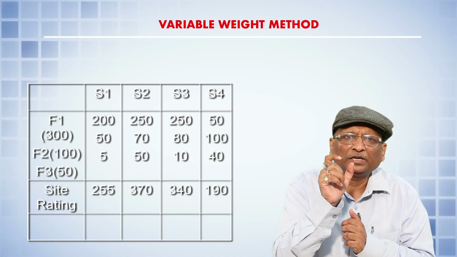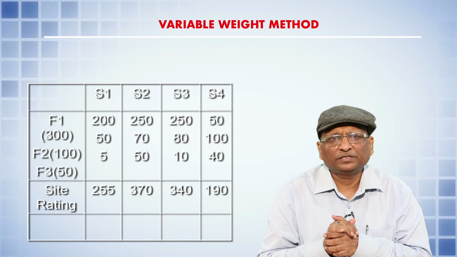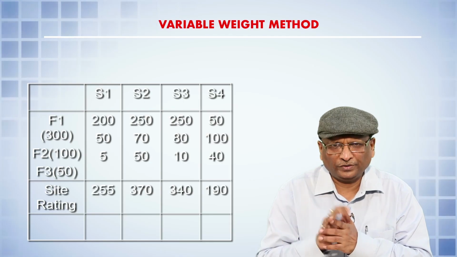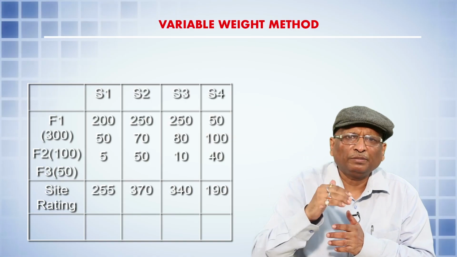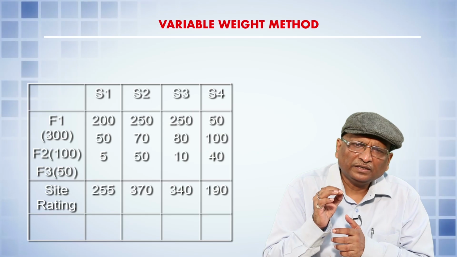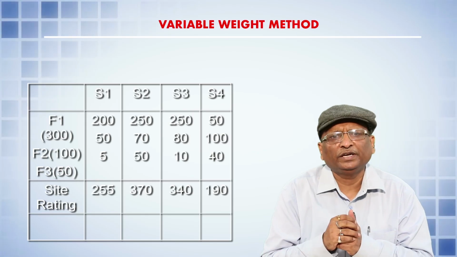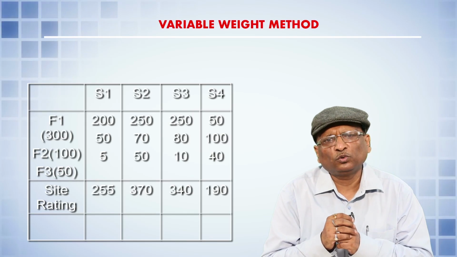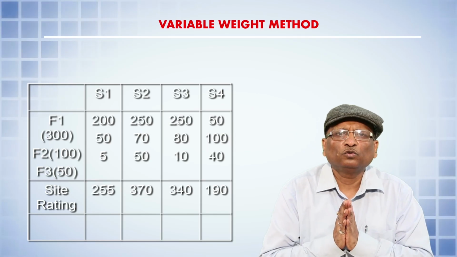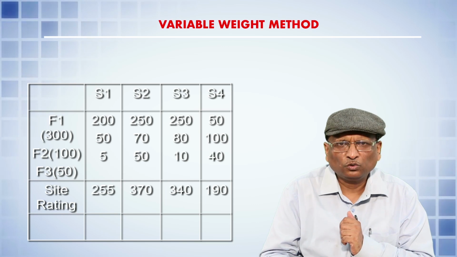So, the total sum will come for site 1 is 200, site 2 250, 250 and 50. Now, if you sum up, you will find that now site 2 is in better position and scoring the highest among all the sites. So, we will go for site 2.